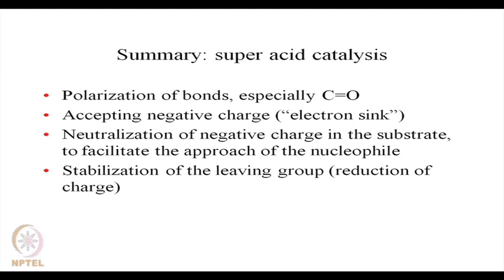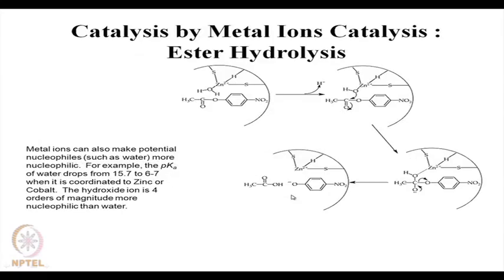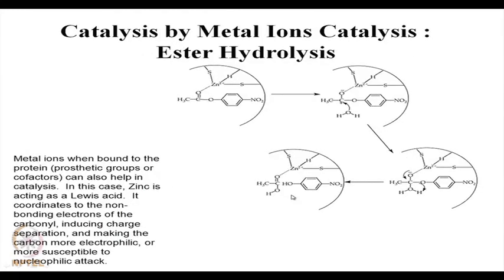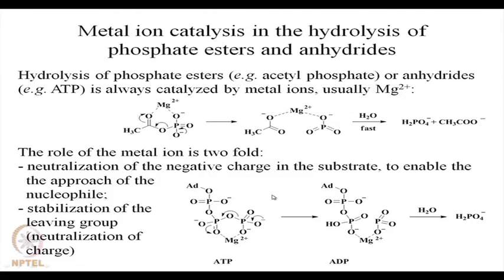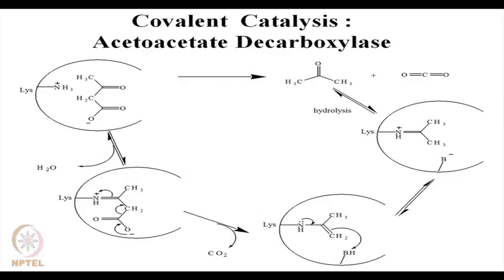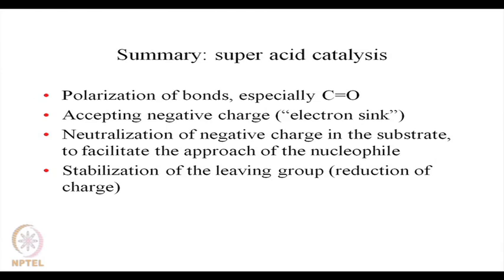So, these are the summary points for superacid catalysis, as I have already told you, for metal ion catalysis: polarization of bond, accepting negative charge, neutralization of negative charge in the substrate to facilitate the approach of the nucleophile, and stabilization of the leaving group. So, these are the points that we should think of.